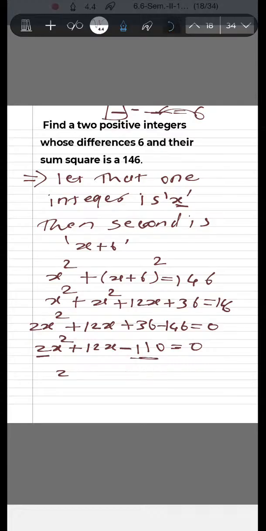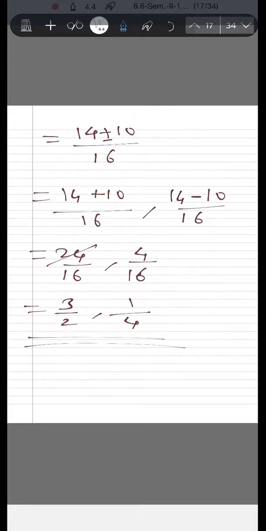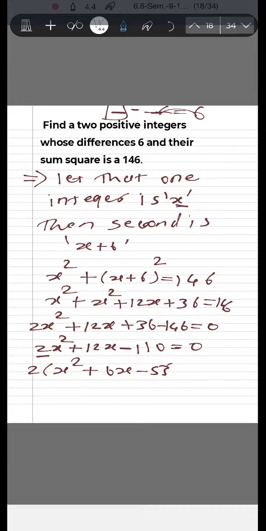We can also do a simplification, various methods are there. I can take a common 2 from here, so I will get x square plus 6x minus 55 equal to 0.